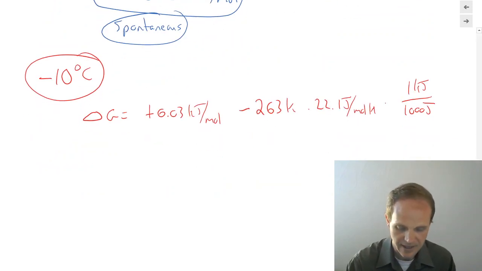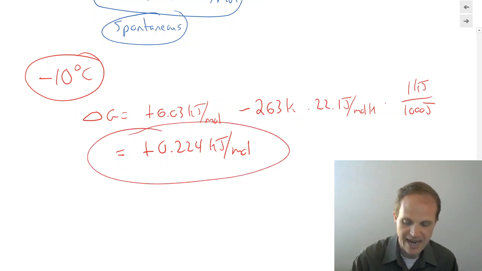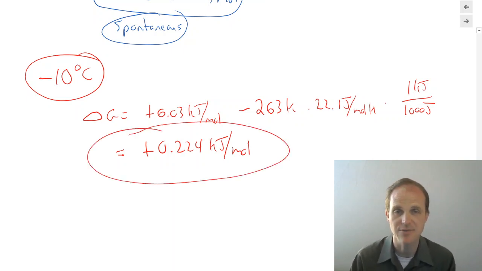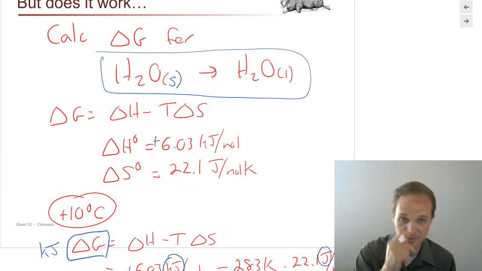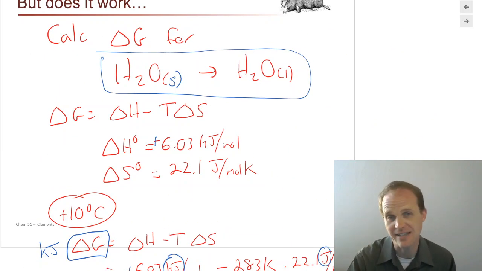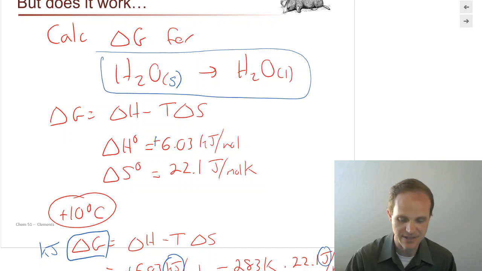And you get something like that. And when I do that, I'm going to get a positive 0.224 kilojoules per mole. And so I'm saying at negative 10 degrees Celsius, this reaction is not spontaneous. So the reaction of going from a solid to a liquid is not spontaneous at negative 10 degrees Celsius, but is spontaneous at positive 10 degrees Celsius.